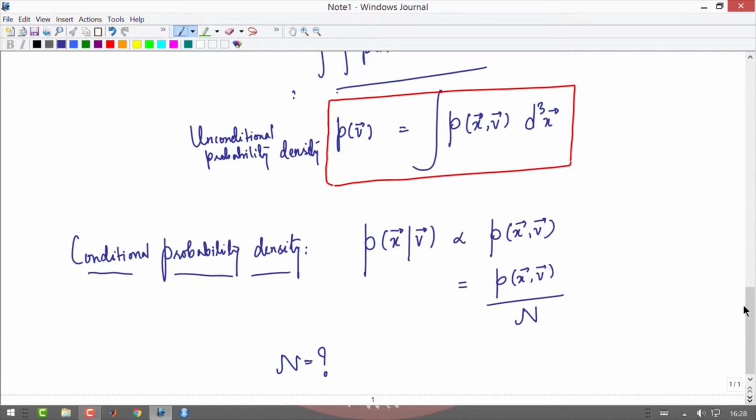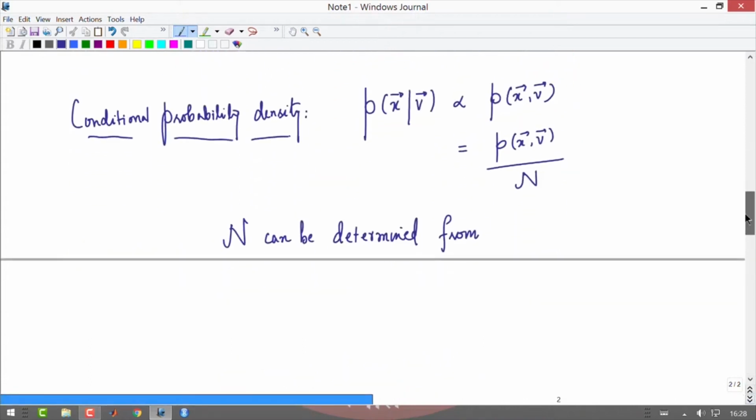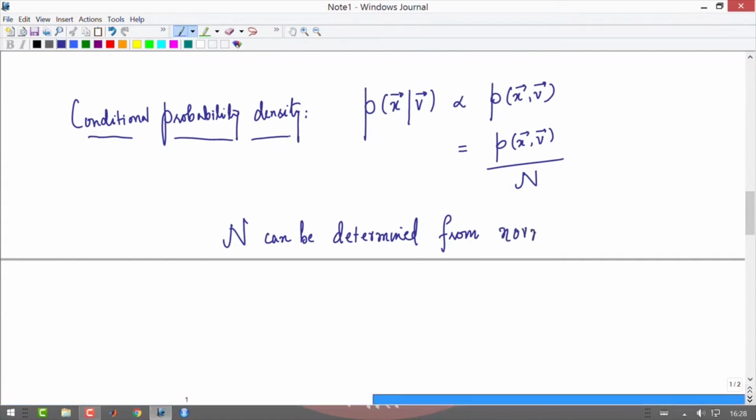So you integrate on both sides, and you can write down the definition for the norm from normalizing the conditional probability density.